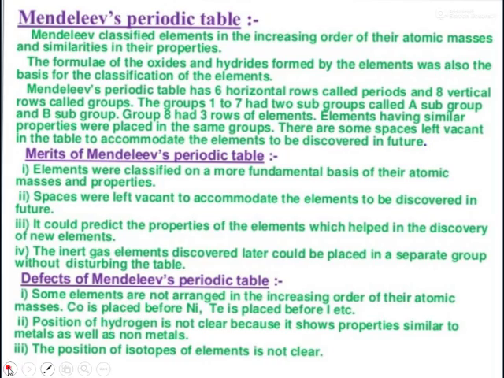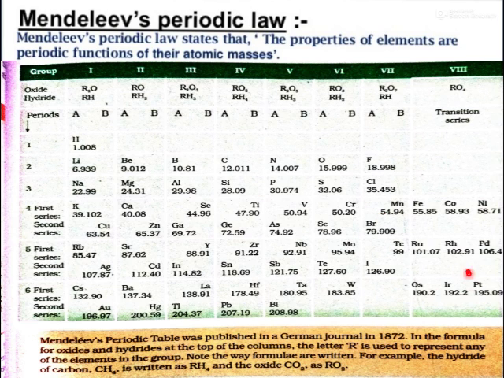Cobalt has atomic mass 58.93 and nickel has atomic mass 58.71. So nickel has a lesser atomic mass than cobalt and should be placed before cobalt. But according to properties, it did not suit at that time. That was a defect.